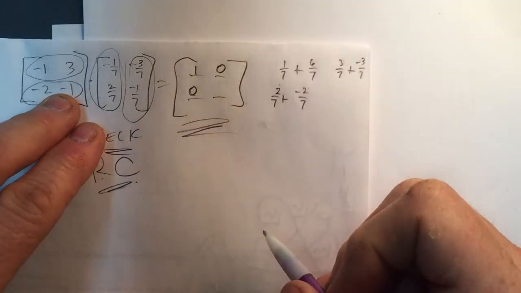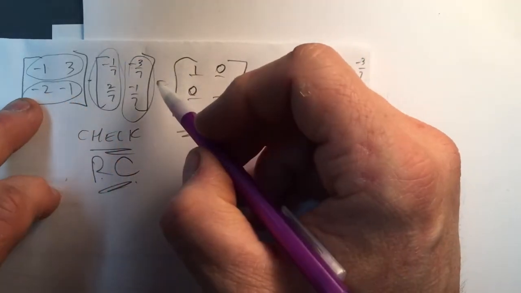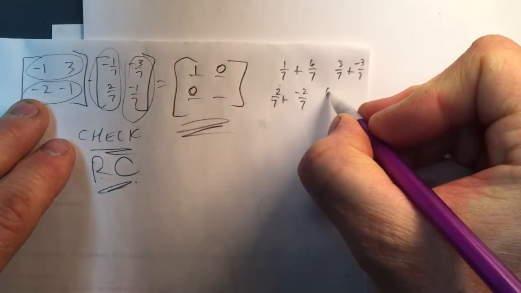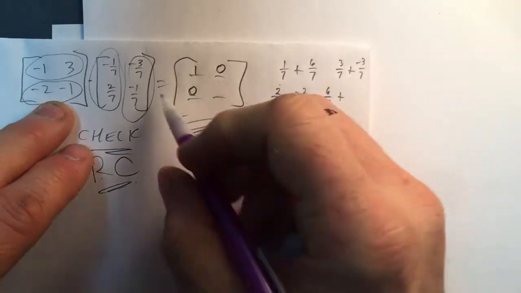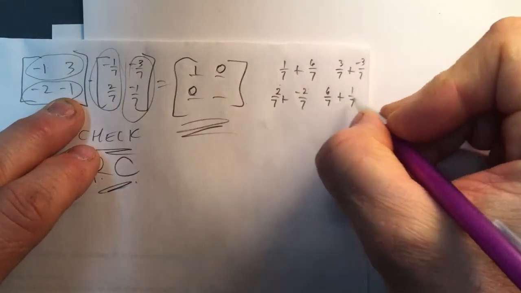Hey, we're in good shape, man. One more though. This row here times this column, so -2 times -3/7 is 6/7, plus -1 times -1/7 would be +1/7, and sure enough, that's a 1.